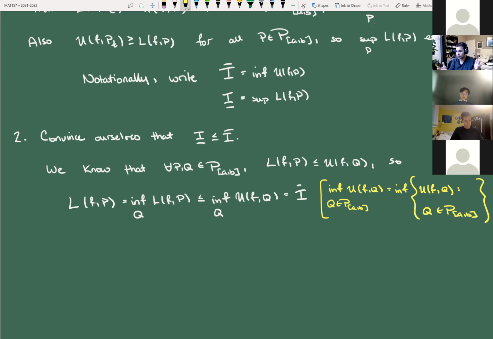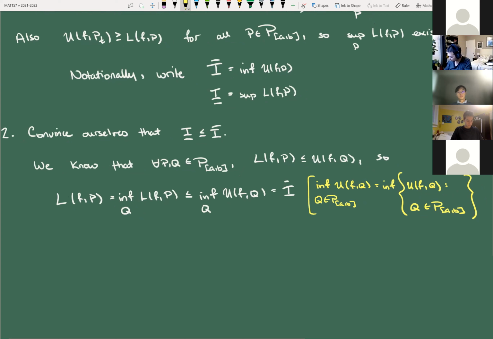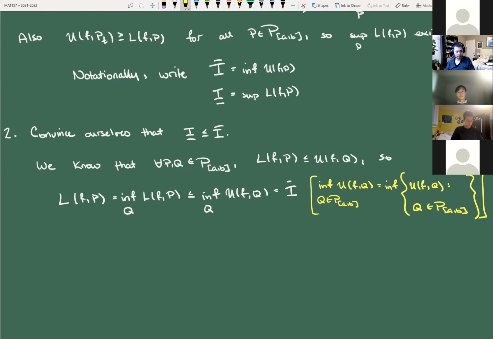Strictly speaking, that's an abuse of notation; you have to take an infimum over a set, you can't do a function. So same thing over here. This says take the collection of all of the upper sums as Q is allowed to vary, and take the infimum of that. Okay, does that make sense? Okay, cool.